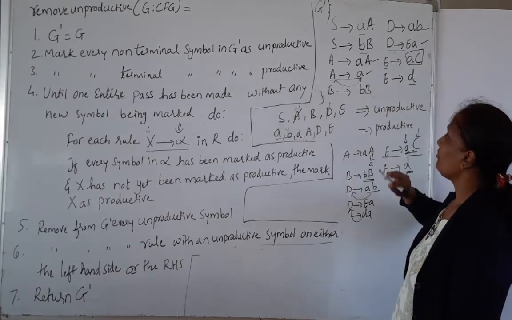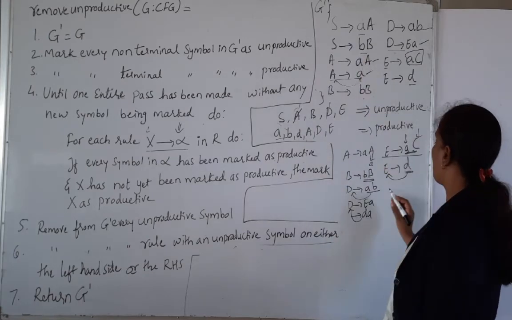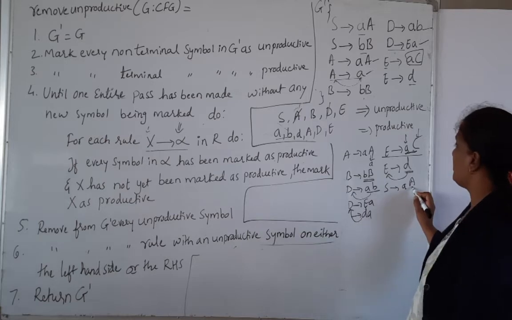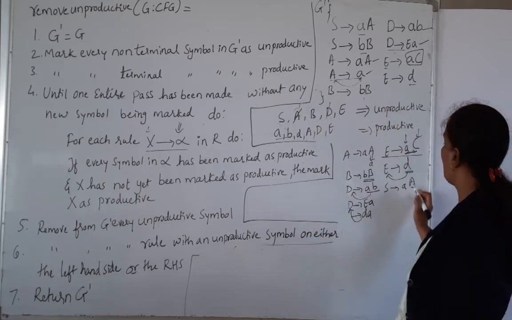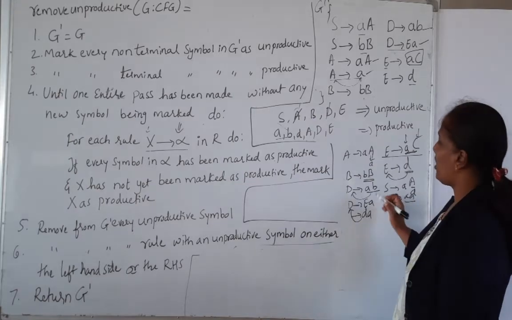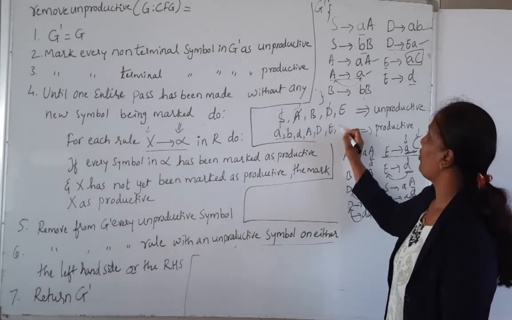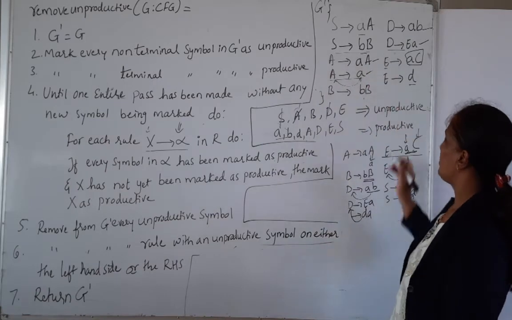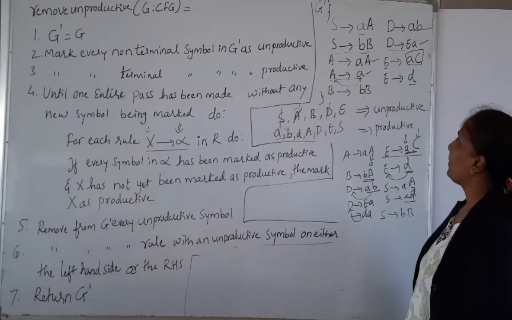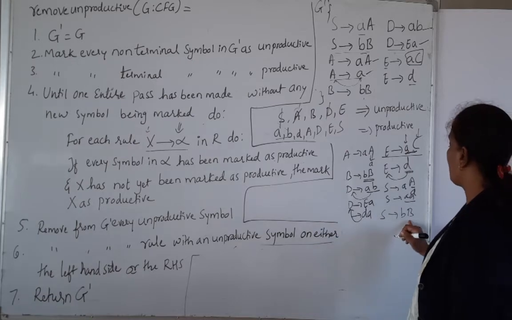Next, consider the S production here. S produces A is there. For this A, I can substitute small a. So S produces a I get, where a is marked as productive. So I will mark S as productive here. Take the next production of S. So S produces B is there. What should I substitute for this B?